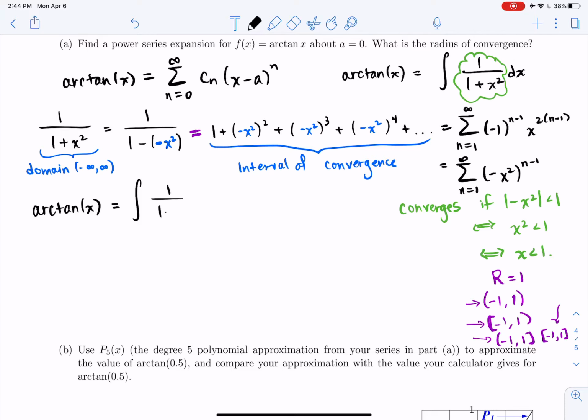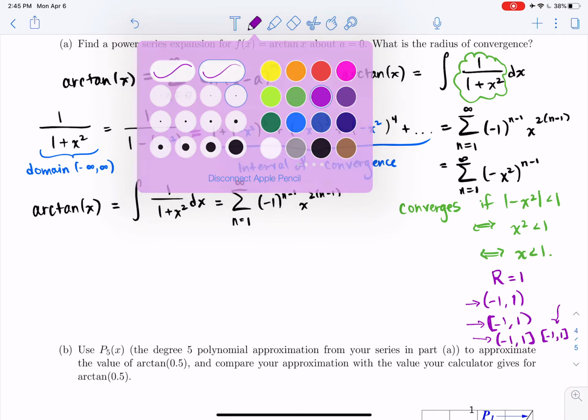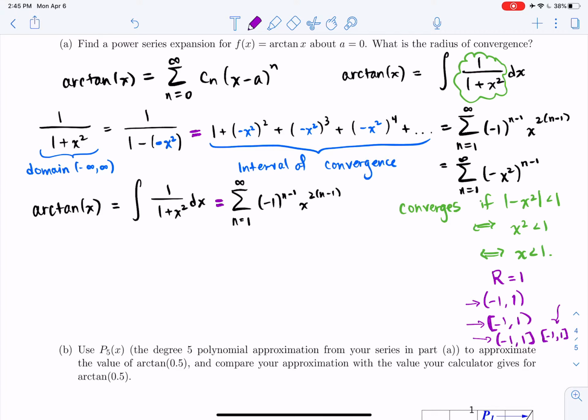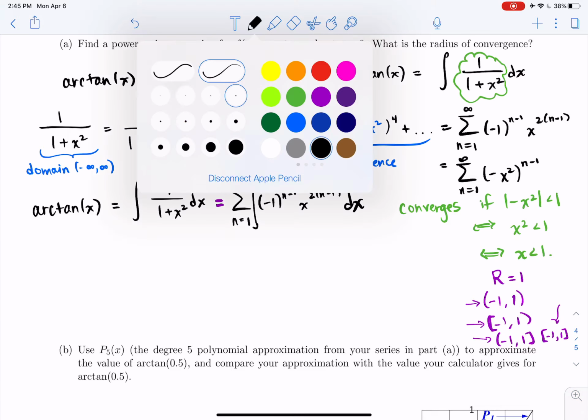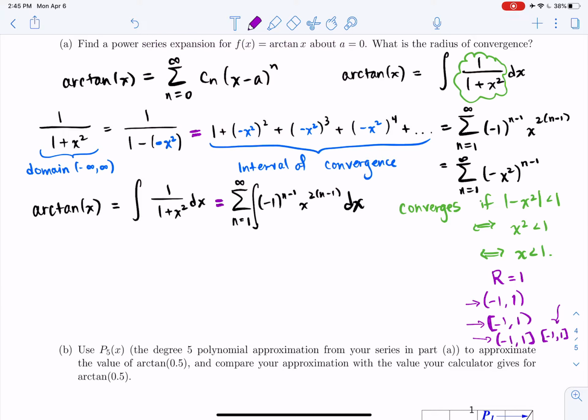So when I take this antiderivative of the power series term by term, when I say equals, we just have to keep in mind, hey, oops, I need my integral symbol in here, antiderivative dx. That purple is only valid for x values whose magnitudes are less than 1, and you might need to check at 1 and negative 1.